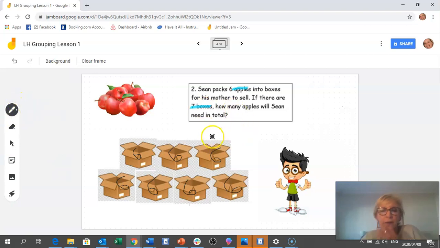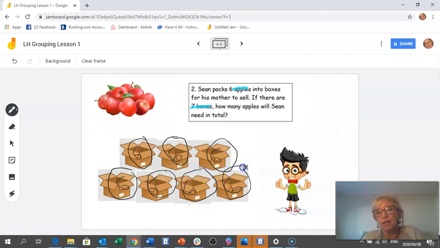Okay, so if we go 6 plus 6, it's 12, plus 6 is 18, plus 6 is 24, plus 6 is 30, plus 6 is 36, plus 6 is 42. So altogether, Sean would need 42 apples in total, and he would put 6 apples into each of the 7 boxes.